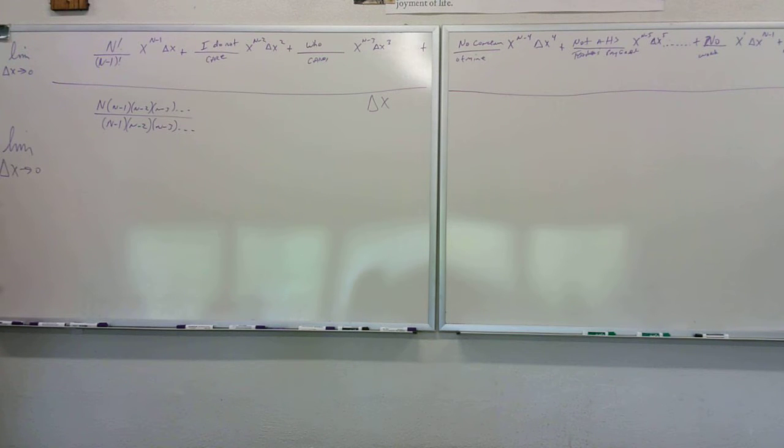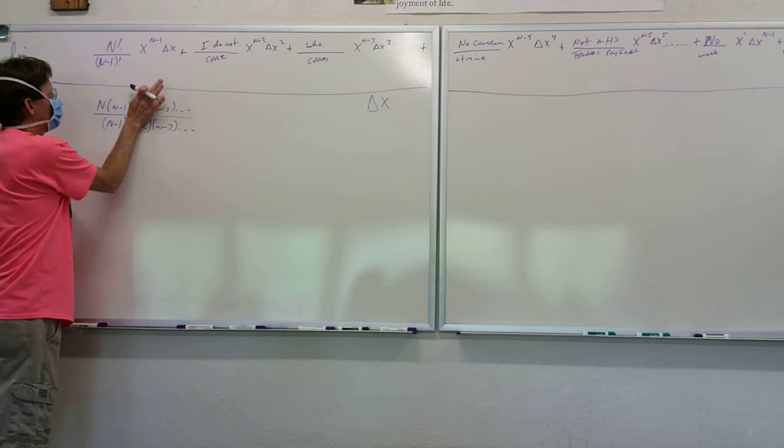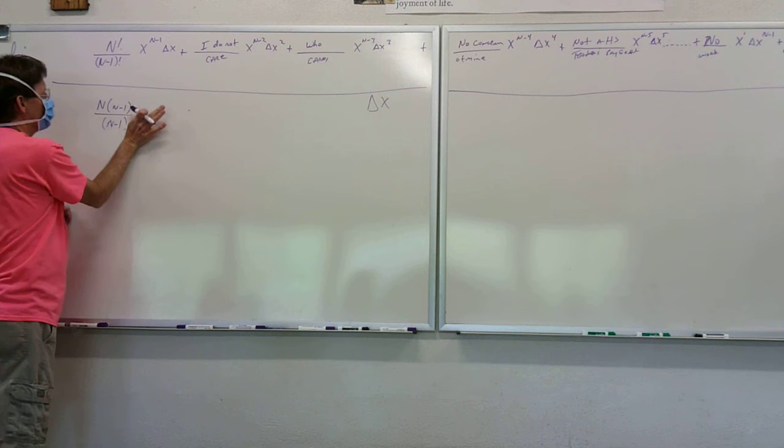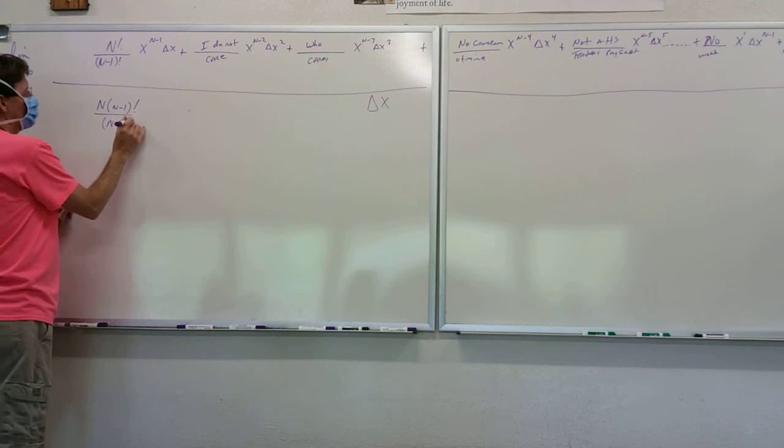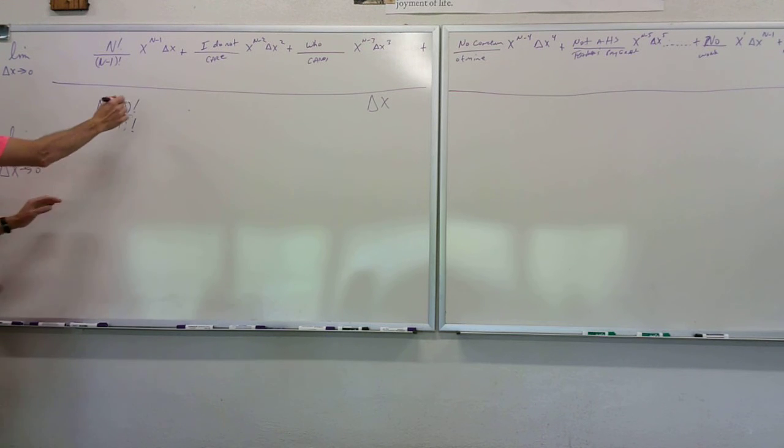Is everyone all right with that? Okay, because see, n factorial reduces to n times n minus 1 factorial, because you go down by 1, and then those two divide out and leave n. Happy with that? I taught you that last year.